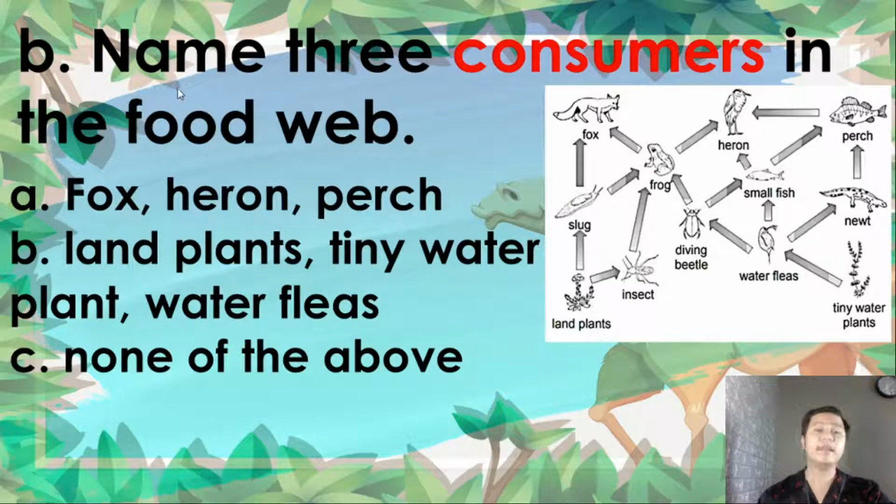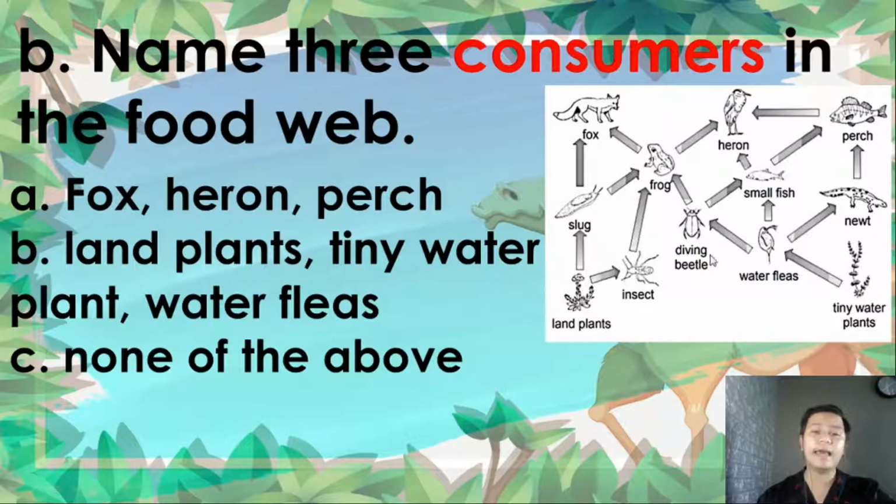Next, name three consumers in the food web. I want three consumers. A consumer eats the producers. A, fox, heron, perch.